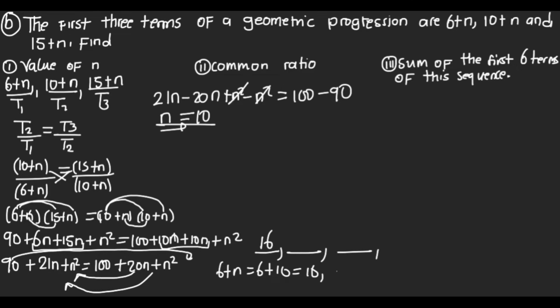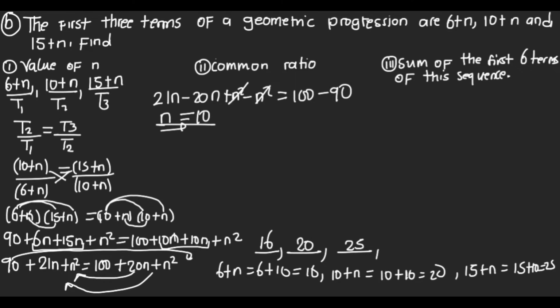The second term is 10 plus n, which is 10 plus 10 will give us 20. So our second term is 20. Then the other one is 15 plus n, which is 15 plus 10 will give us 25. So here we'll have 25. So these are the actual first three terms.